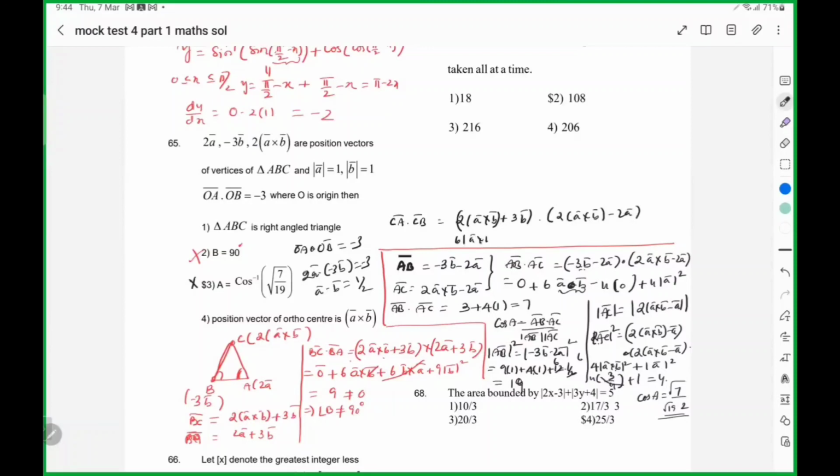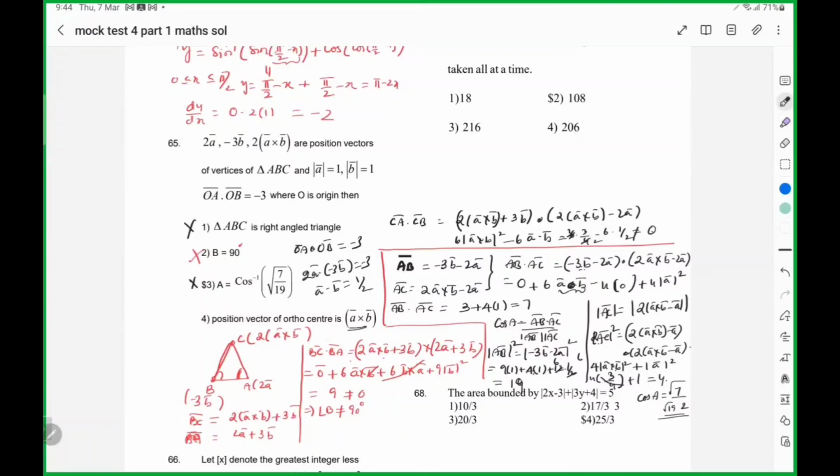That is 6 times mod A cross B whole square; A cross B dot A is 0, B dot A cross B is 0; minus 6 times A dot B. Mod of A cross B, as in the earlier case we discussed, is 3 by 4, and A dot B is half. So 9/2 minus 3 is not equal to 0. Angle C is also not 90 degrees, so it is not a right angle.